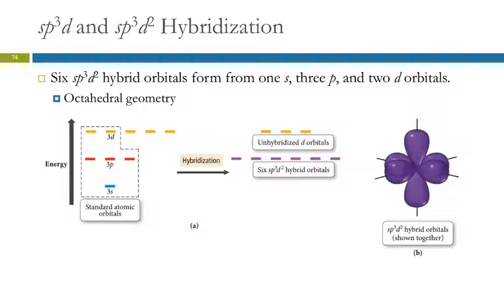Six balloons. Call that an octahedron, right? We've got 6 identical hybridized orbitals. They all have the same shape, the same energy. They're going to spread out in 3-dimensional space and arrange themselves like an octahedron.